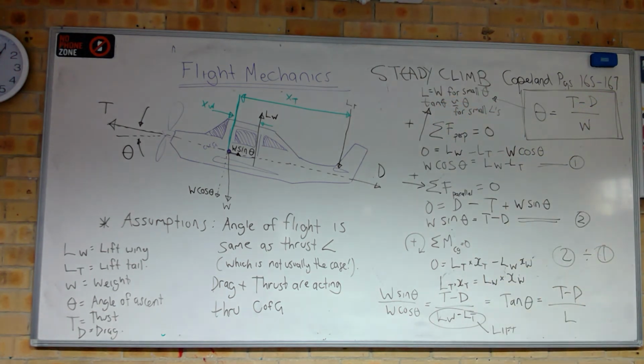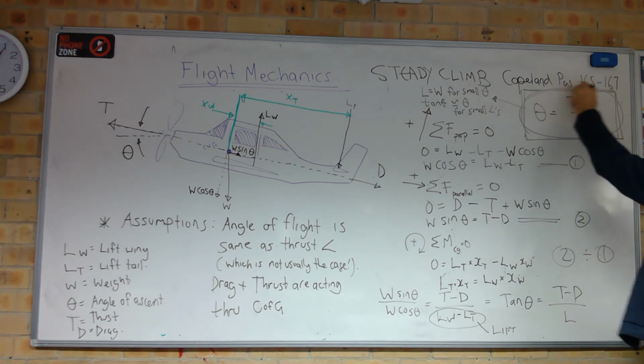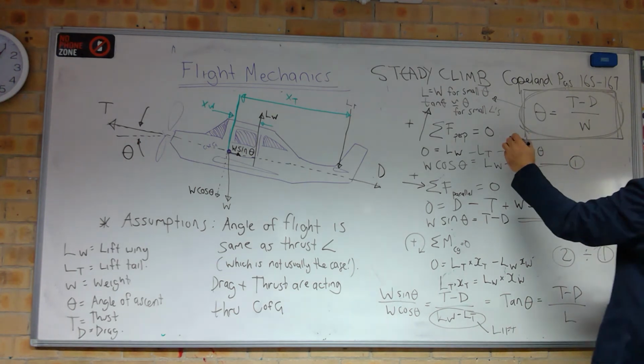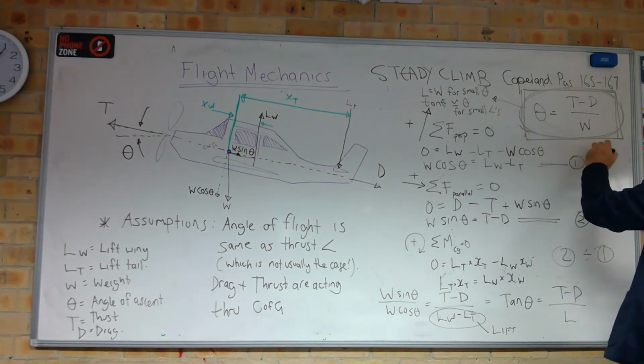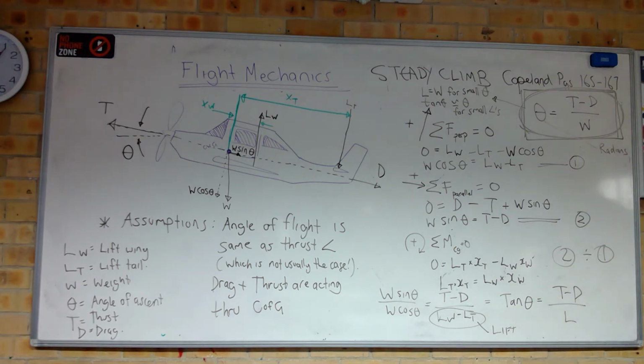Okay, so this equation is what we are going to be using in the examples, okay? Theta, which is the angle in radians, so this is in radians, is equal to thrust minus drag over weight, okay?